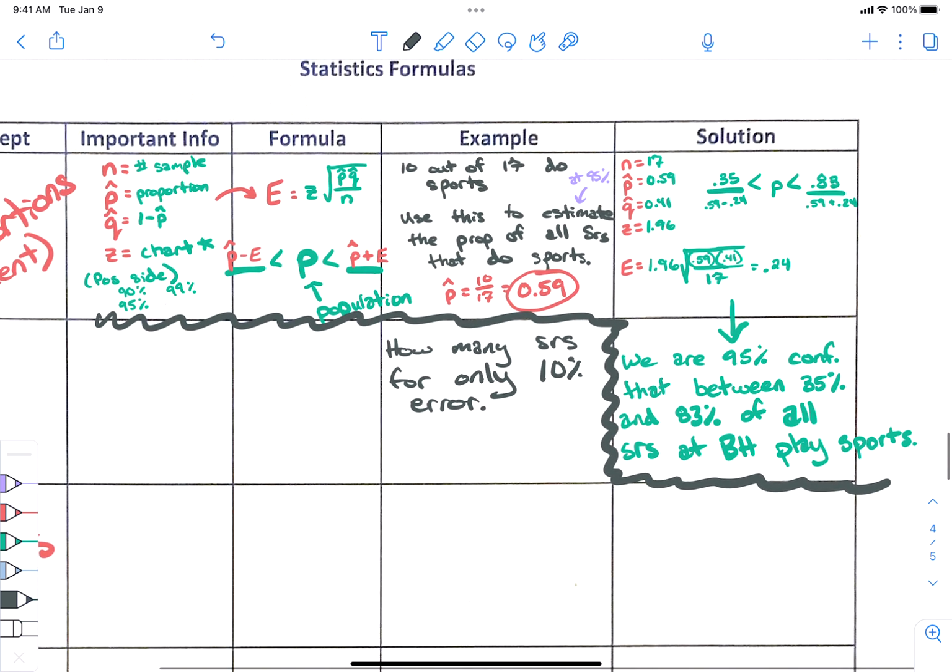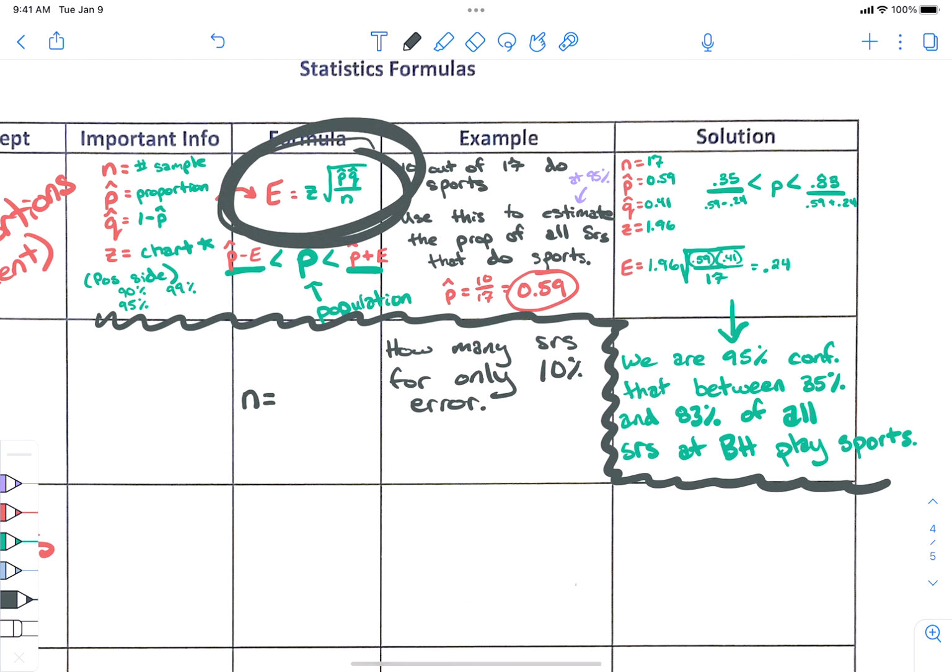And there's a formula to finding the N. So important information, I'm going to put my formula here. N is equal to, and this is just this formula right here, but switched around to solve for N. So it's not something that we haven't done already.